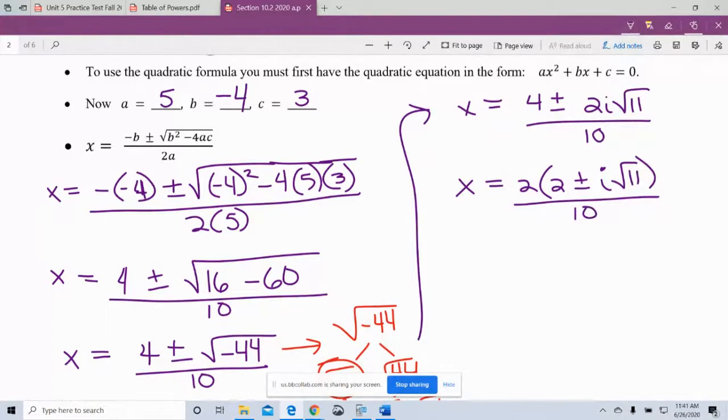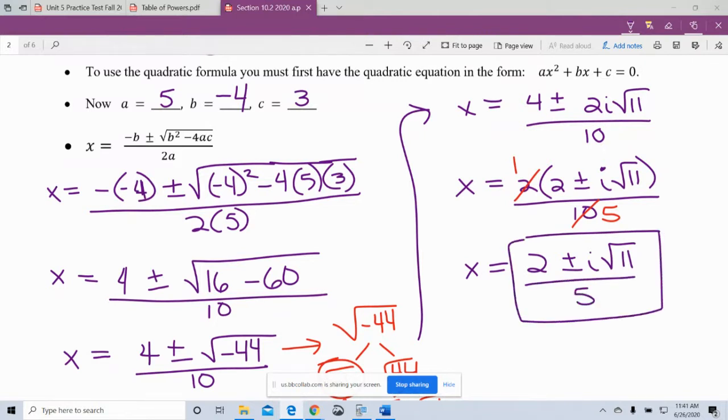And now I do have a common factor that I can divide out. 2 goes into itself once and into 10 5 times. So now my answers are 2 plus or minus i times the square root of 11, both over 5. That's both of my answers in a condensed format.